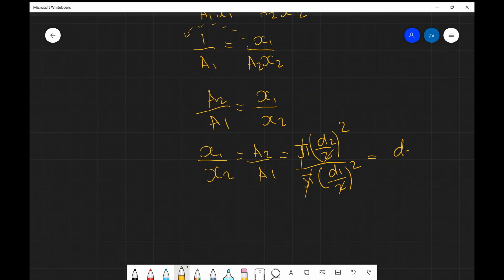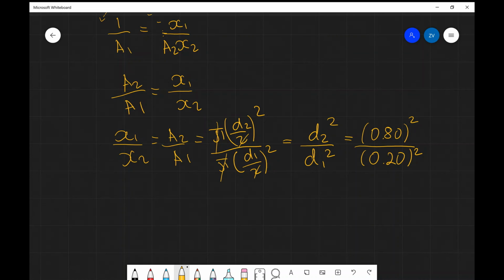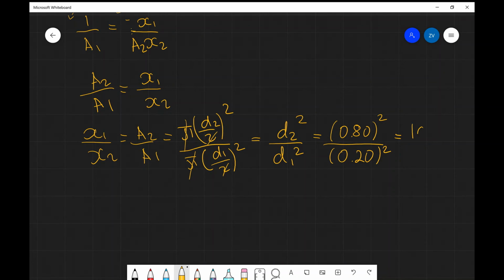This is going to equal d2 squared over d1 squared. Remember this index 2 was for the thicker wire, so that had a diameter of 0.80 squared divided by 0.20 squared. If we put those into a scientific calculator, we're going to get 16 for the ratio, which is our correct answer.